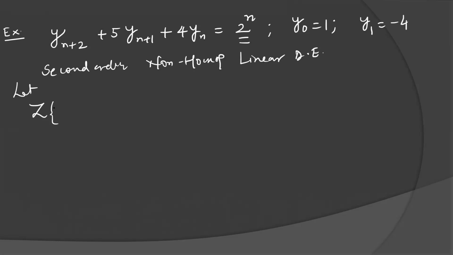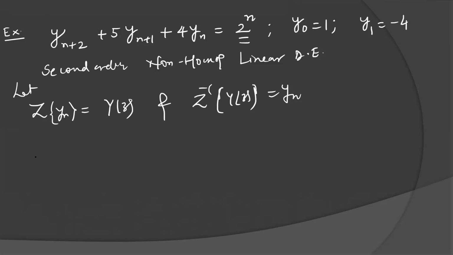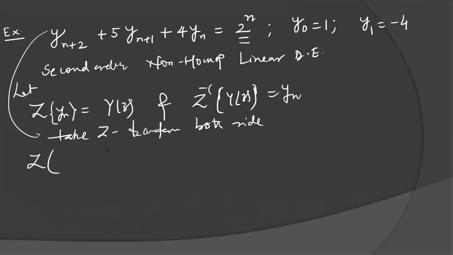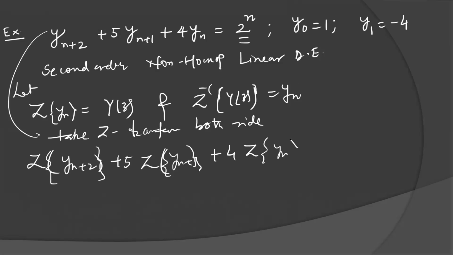Take the Z transformation. Let Z of y(n) equal to capital Y(z), and define the inverse also, Z inverse of Y(z) equal to y(n). If you take the Z transform both sides, you will get Z of y(n+2) plus 5 Z of y(n+1) plus 4 Z of y(n) equal to the Z transformation of 2 to the power n.